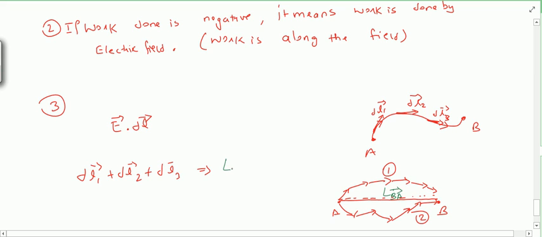Ultimately I have to take the dot product of E with LBA. If you join any of these vector additions along the first path, the second path or any other path, it will result in this vector LBA only, and I then take the dot product with E. So the result for every path will be the same.